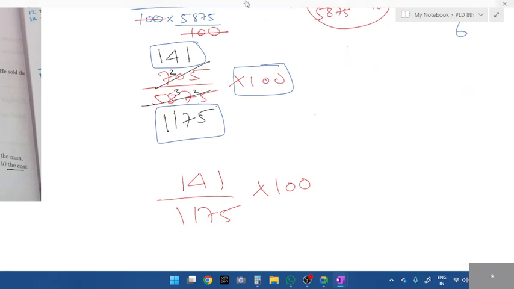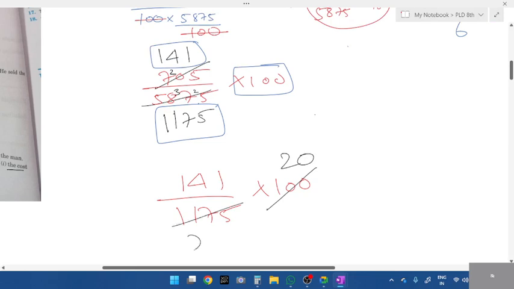Fine. Now 1175 and 100. If I reduce by 5, 5 2s are 10, 5 3s are 15, 235. Next. 5 4s are 20, and 47. Correct?